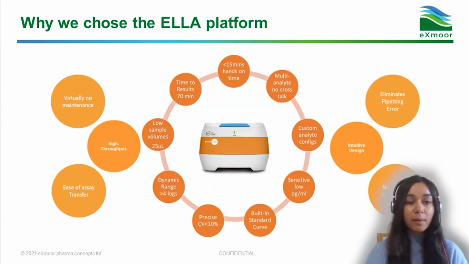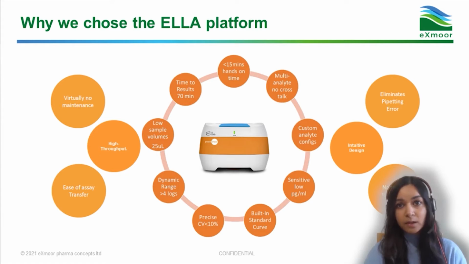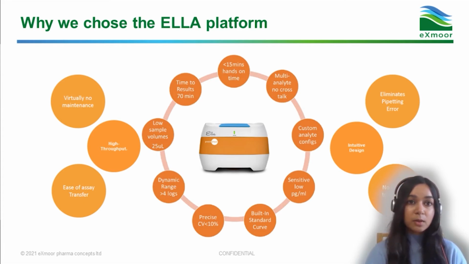Now, the ELA platform overcomes many of these limitations faced by the ELISA, and these points are highlighted here on this slide. So they include greater dynamic range, high throughput, and greater precision. And over the next few slides, I will demonstrate the benefits of the ELA platform over the ELISA using real-life process development examples.